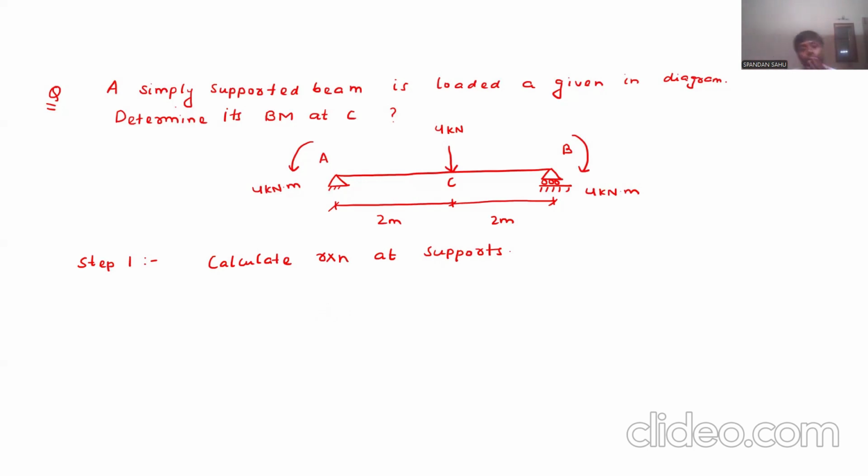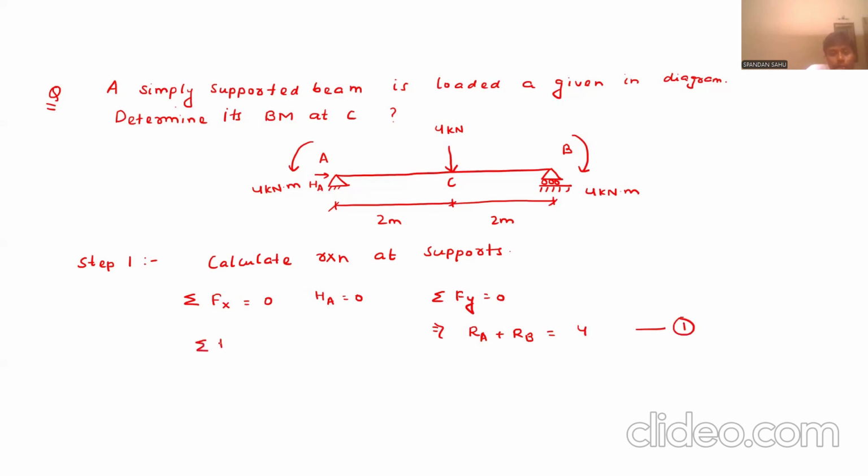First do that. If you write summation of Fx equal to 0, you will get HA to be 0. Summation of Fy equal to 0, what you will get? RA plus RB equal to 4 kilonewton. Let that be equation 1.